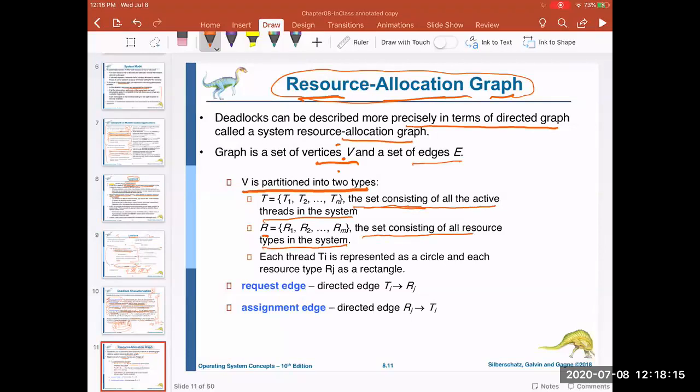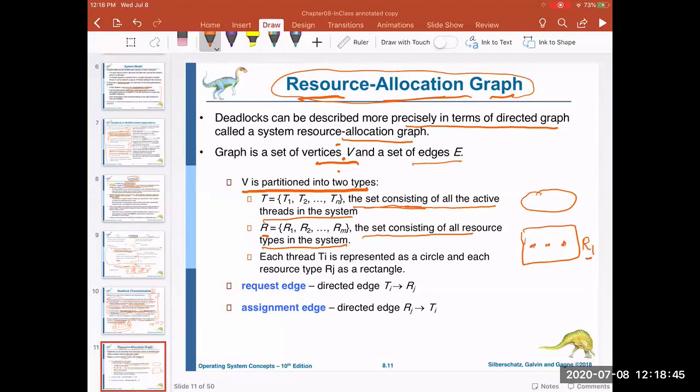Threads are represented as a circular symbol, whereas resources are represented as rectangles, and the instances of a resource are represented as dots. So let us suppose this is R1 with 3 dots, this means that resource R1 has 3 instances. This would help you understand how we are doing it.